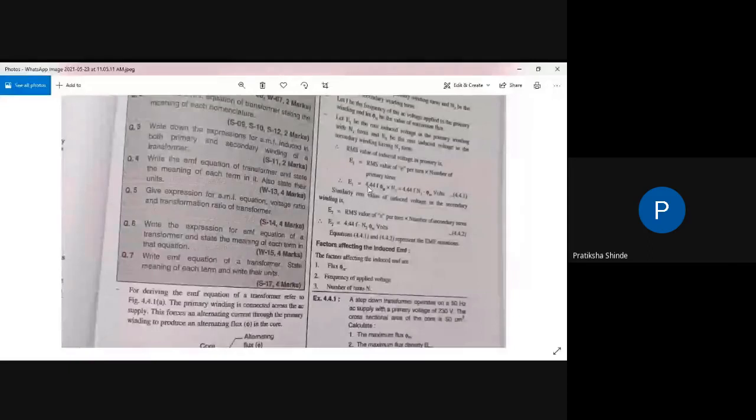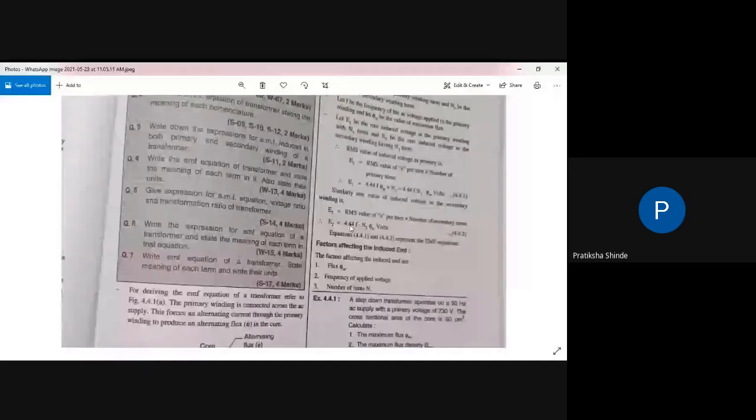That is, the respective frequency, the maximum flux, and the number of turns on the primary side. Similarly, for the secondary EMF equation, E2 is equal to 4.44 f N2 phi m. The unit of EMF is volts. Which factors affect the EMF value?